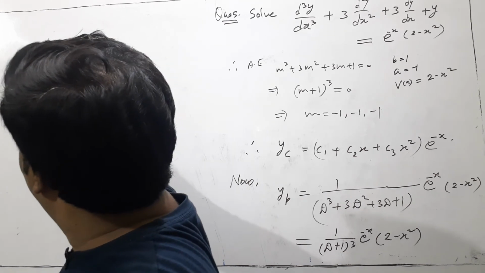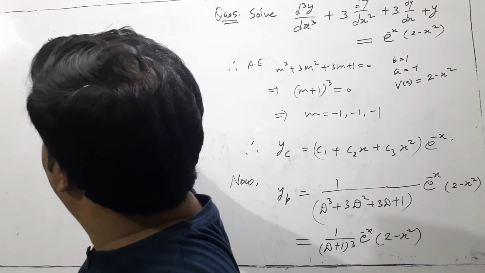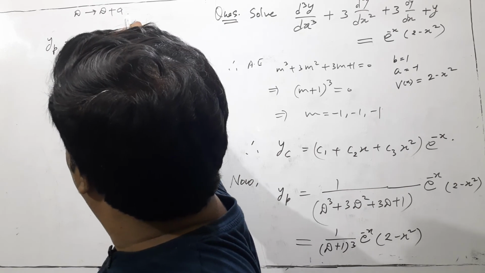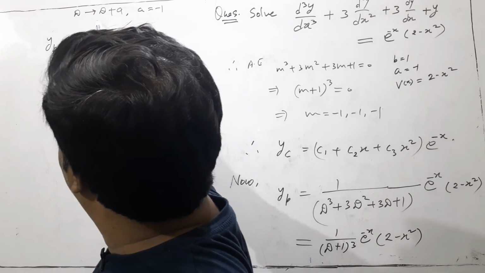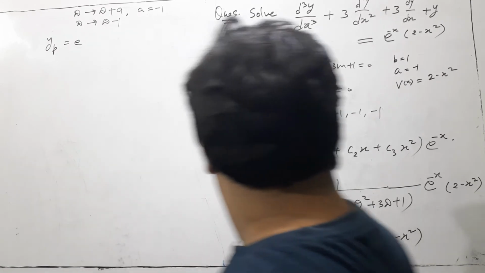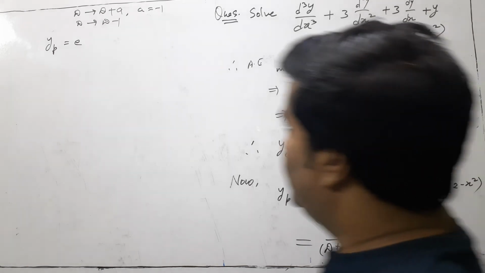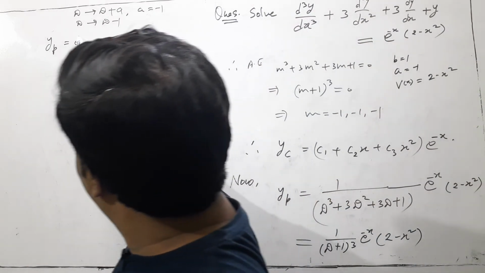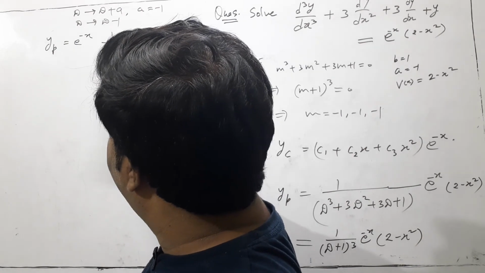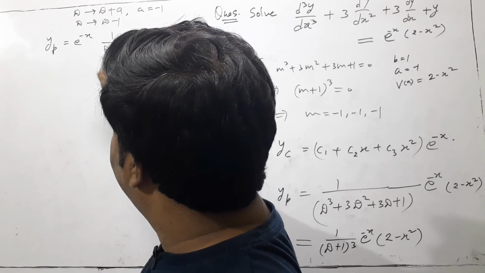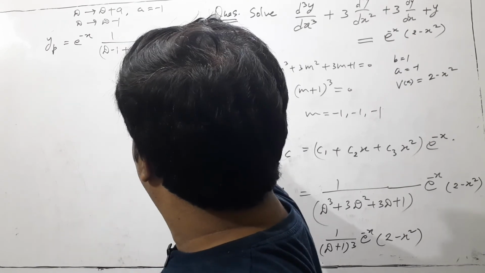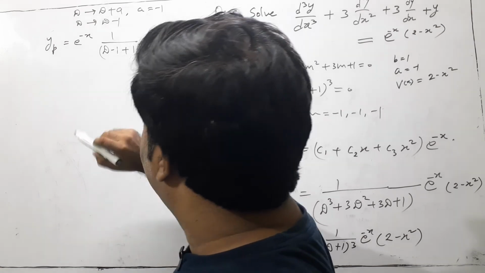So this will be yp equal to e to the power minus x outside, D replaced by D minus 1, plus 1 is already here, whole cube, on 2 minus x square.